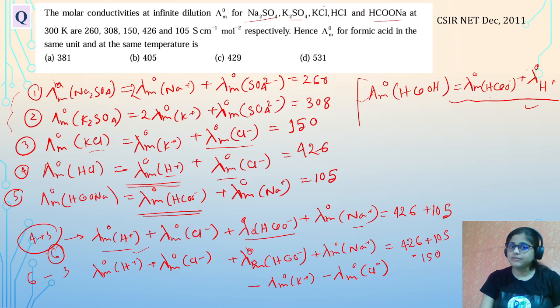And now Cl minus we should remove. This will be subtracted. And for K plus and Na plus, we have to subtract these two, and after dividing by 2, after putting all the values, we can simply calculate. So this will not take much time, but I am teaching you, so my goal is to make you understand properly, and that's why it takes time.